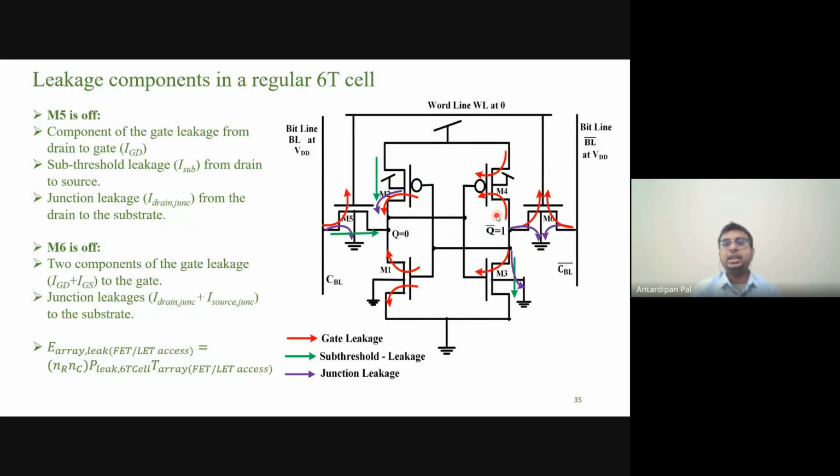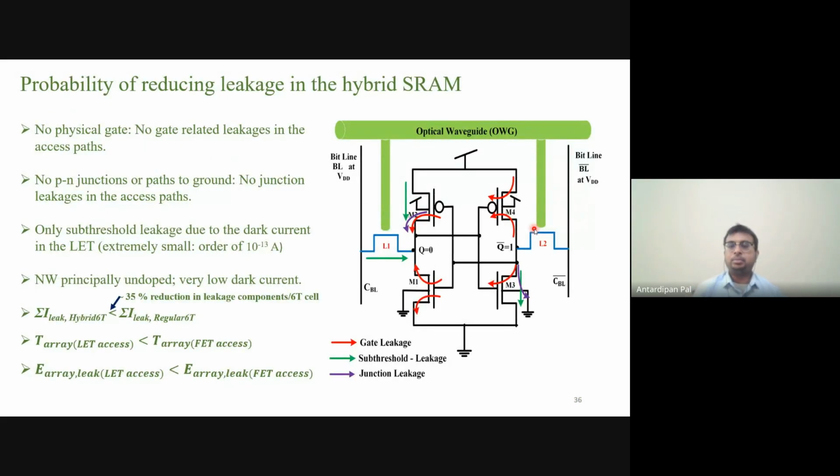Now, these are the leakage components in the FETs in a 6-transistor SRAM. Again, these are the gate-related leakages, subthreshold leakage, and these are the junction leakages. Now, if we replace these two, as we have been discussing, M5 and M6, with our structure, what will be the case? Boom, this is the case. Now, don't misunderstand me.